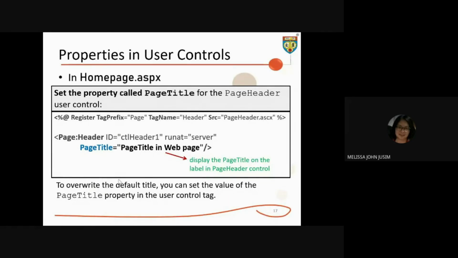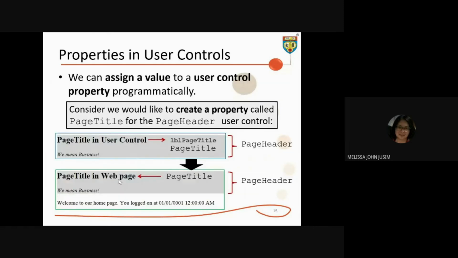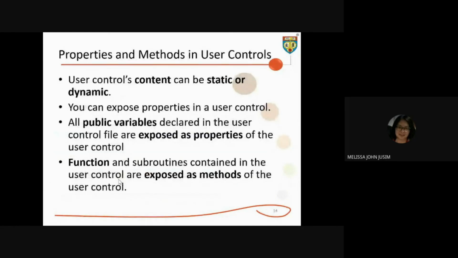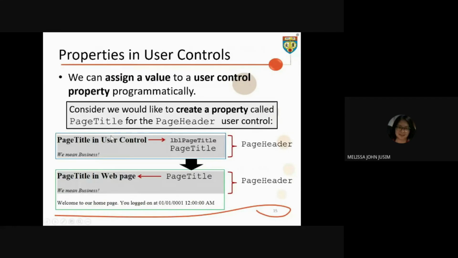To override the default title, you set the value of the page title property. Let me go back to the previous slide, where all public variables that you declare in the user control file are exposed as properties. Let me show you.